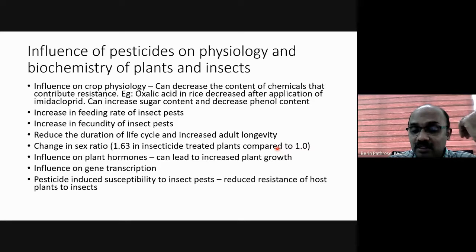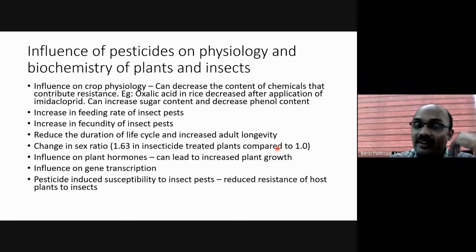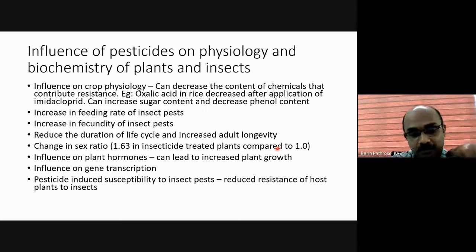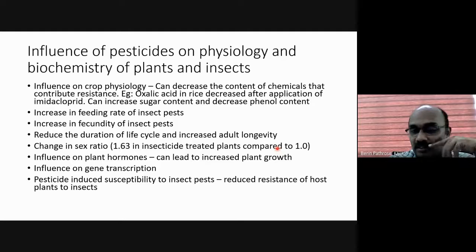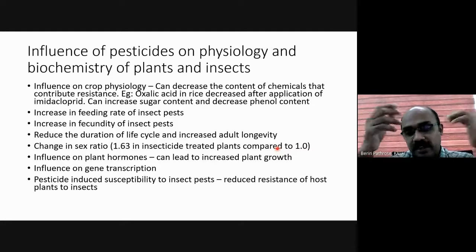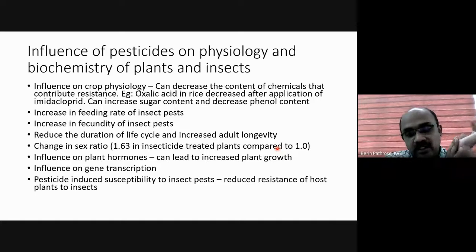So that kind of an impact pesticides have on plants as well as insect pests. I'm not going into that presentation because it is an entirely different topic, but it is related to this. But I will give an example over here.